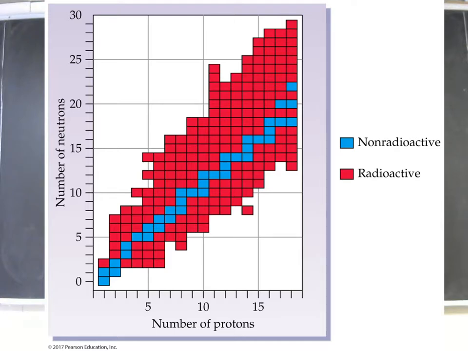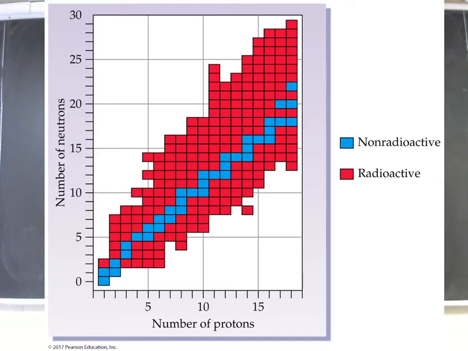For small elements, that tends to be about 1 to 1, but if we were to extend this graphic out further, we would see that larger elements require more and more neutrons. And that's why you'll see for something like carbon, the mass number is about double the atomic number.